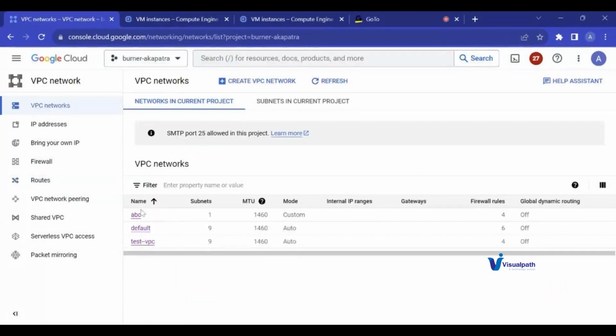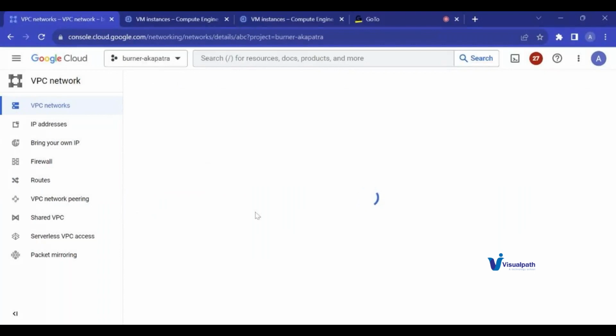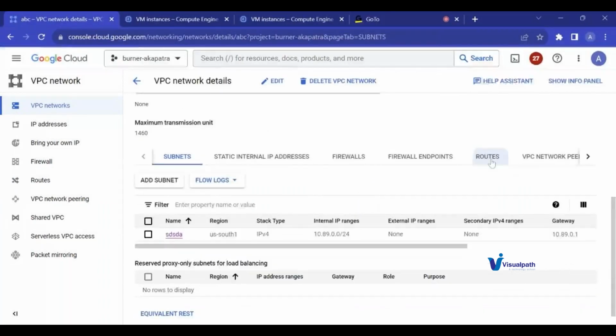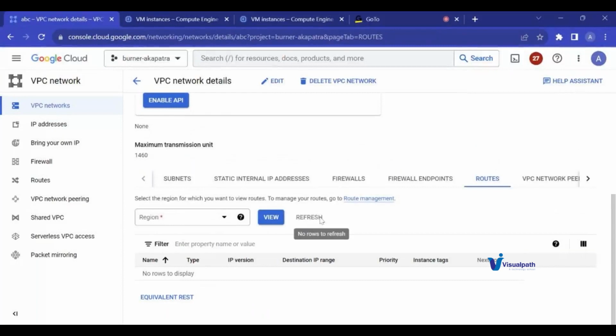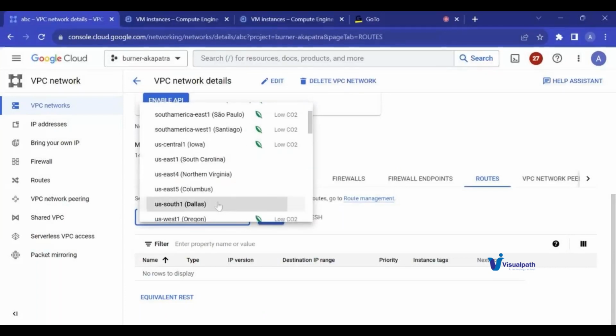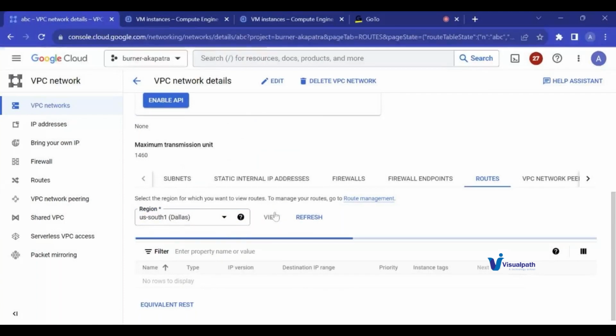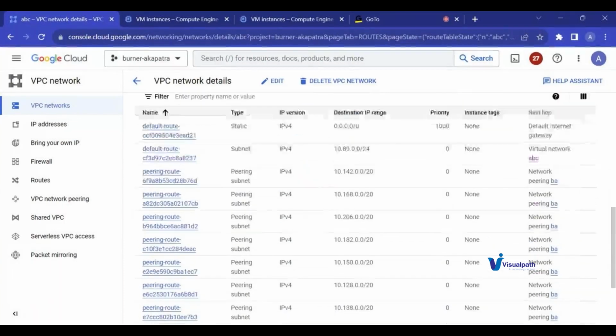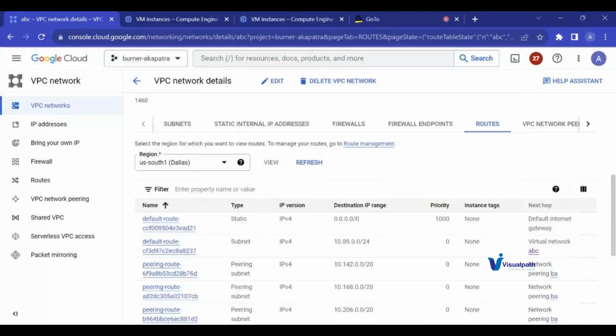Let's go to the default ABC VPC. Scroll down to routes. Select the region of your VPC. It is Dallas for me. Where is it? Why am I not getting it?